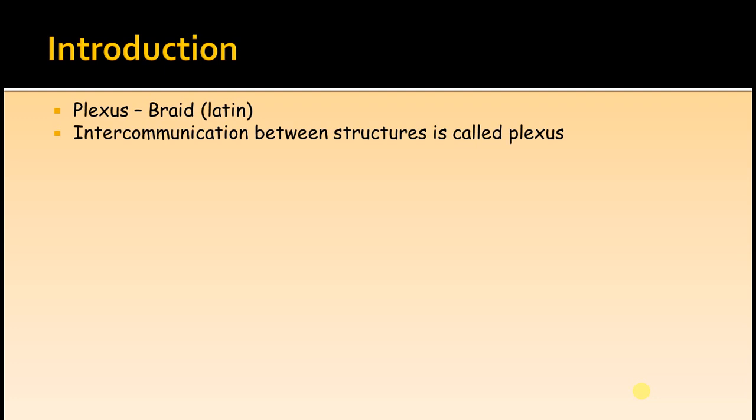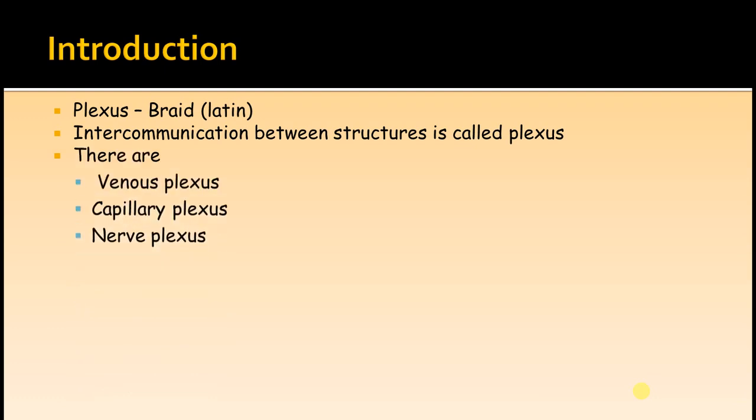So in our body we have venous plexus, capillary plexus and nerve plexus. But what's the difference between these? Usually the capillary plexus, arterial plexus and venous plexus are not much organized.